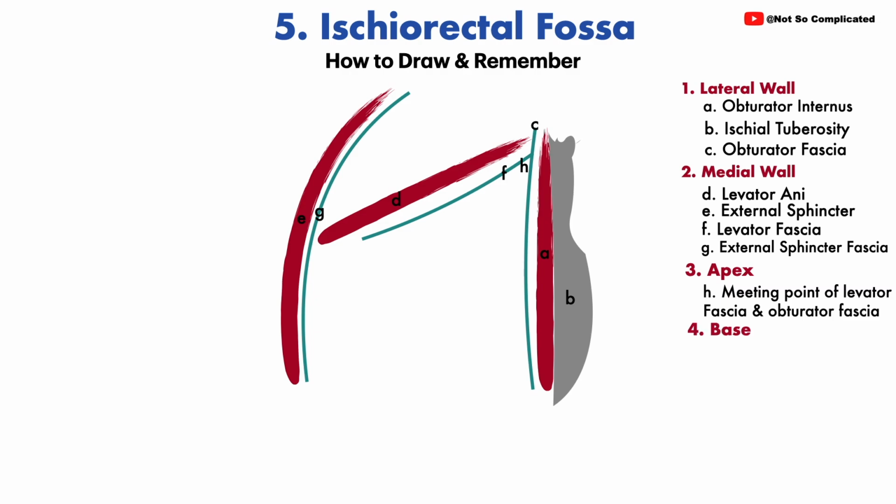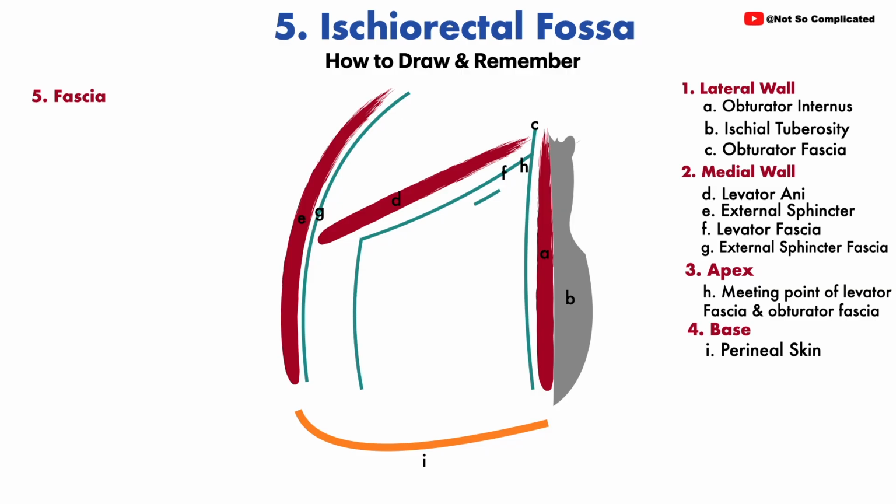So that is the apex. And talking about the base, there will be skin, and that skin is called perineal skin. We'll be talking about the perineal body or perineal diaphragm later in another video. We'll be talking about that for sure. And then there will be more fascia to this. This right here is another fascia, and this is another fascia, making connections here and there.